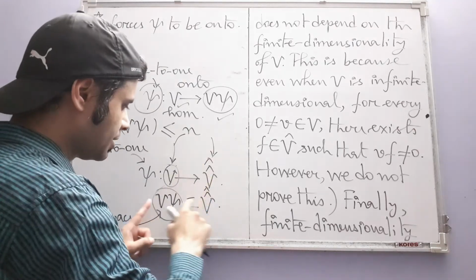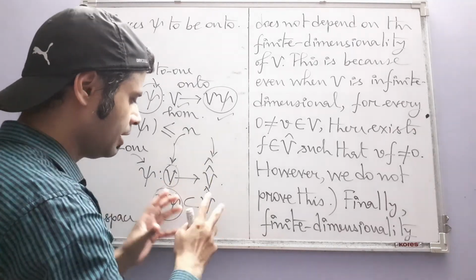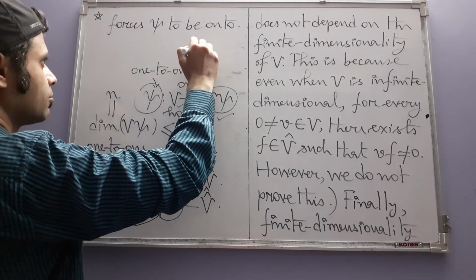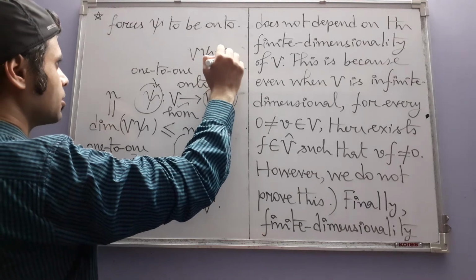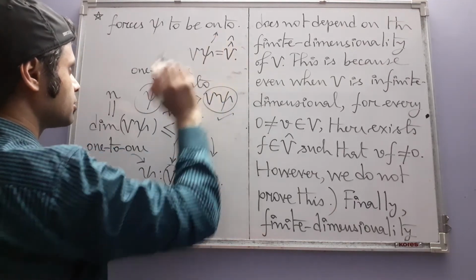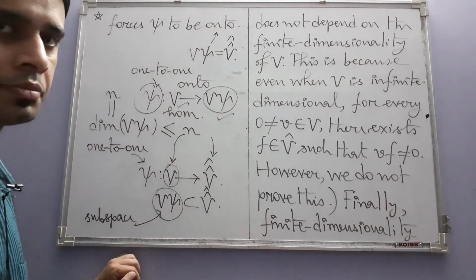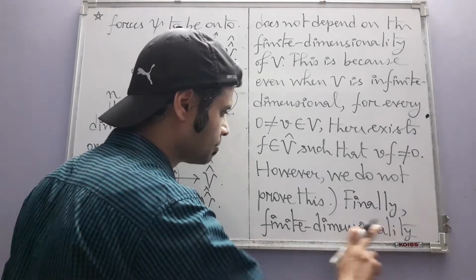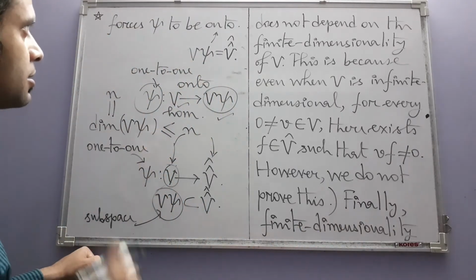If you have the same dimension, they must be exactly equal, and that's why this must be equal to this. From this follows the ontoness. So that's why finite dimensionality forces psi to be onto.